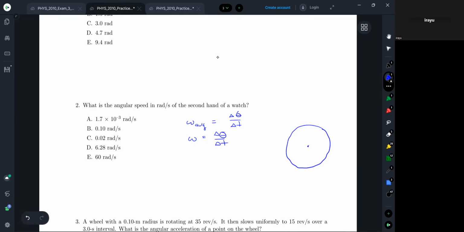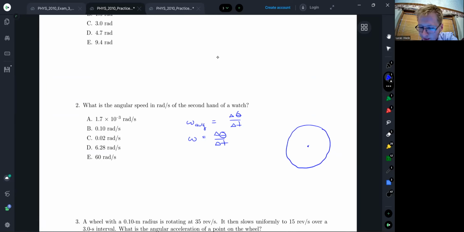Well, radians is the unit, but we could say, how long does it take to rotate through pi radians, which is half of a complete circle? We could say how long it takes to rotate through pi over 6 radians, and we can figure all that out. But what's probably the easiest angle to look at here if we're talking about a watch?